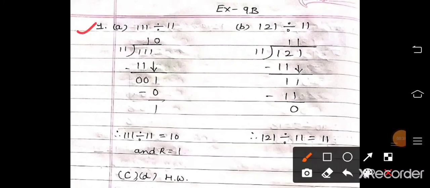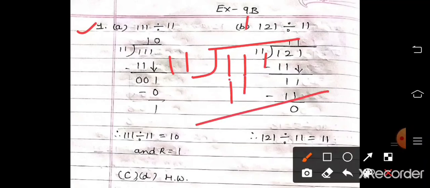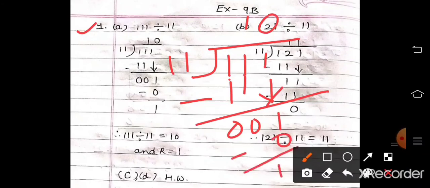Question number 1, A part, 111 divided by 11. So here are 2 digits, so we start from 2 digits here. Okay, so 11 ones are 11, minus, here 0 0. Now bring down 1 here, so 11 zeros are 0. 1 minus 0, 1.